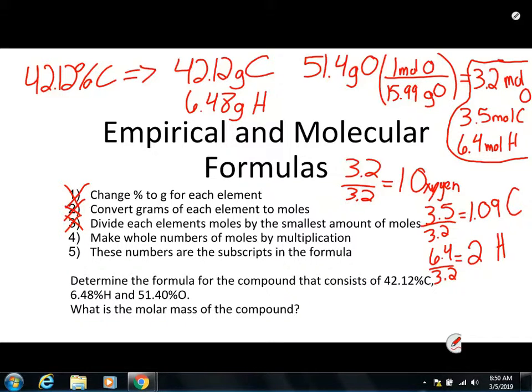Step 4, make a whole number of moles by multiplication. Do I have all whole numbers right now? No. I have 1 oxygen, 1.09 carbon, and 2 hydrogens. What do I need to do to make 1.09 a whole number?